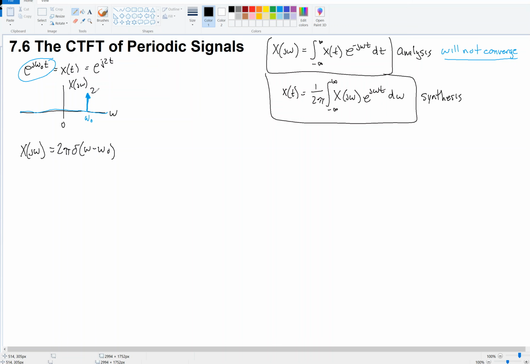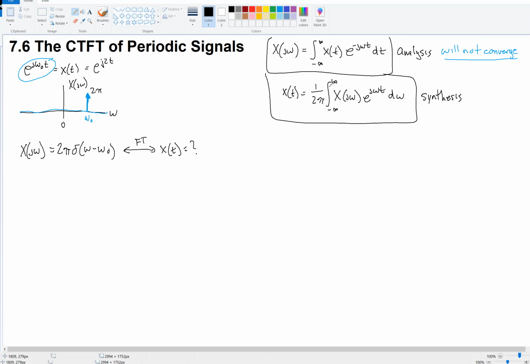We've got an impulse at omega 0, delayed by omega 0, scaled by 2 pi. So let's suppose I have this transform, and I want to know what its x of t is.